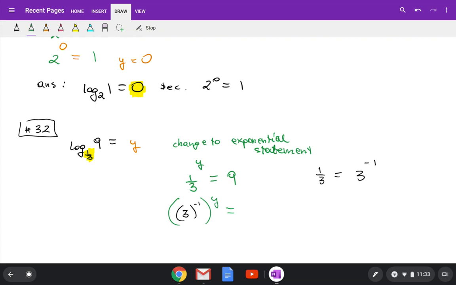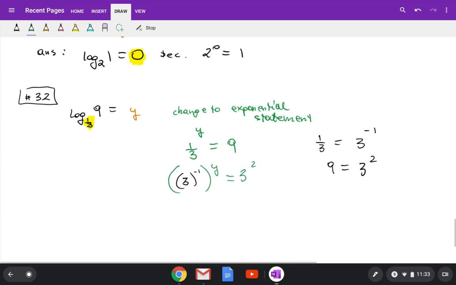And I'm going to rewrite that 9 is the same as 3 to a second power. Okay. So, using the properties of exponents, when you have power of power, you can just multiply them. So you have 3 to the power of -1 times y, which is -y. It has to be the same as 3 to a second power.